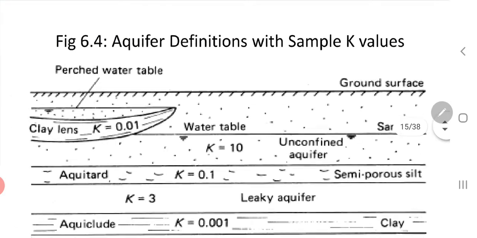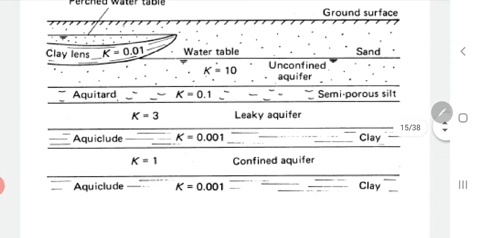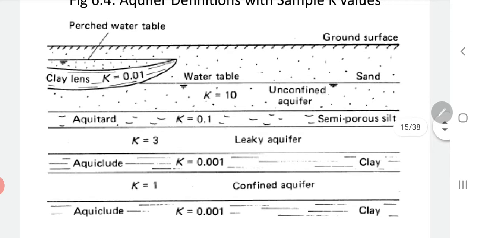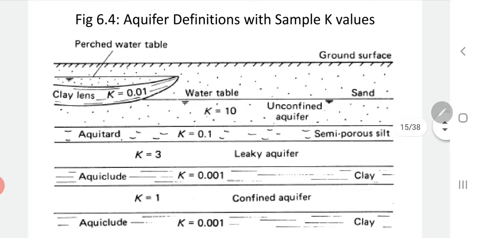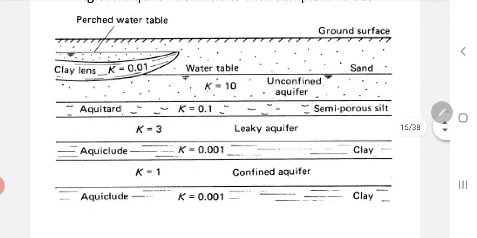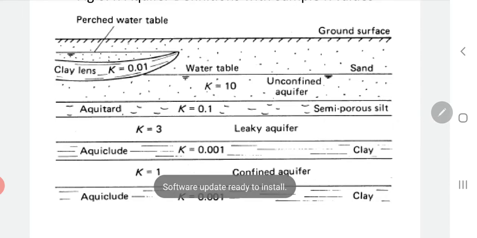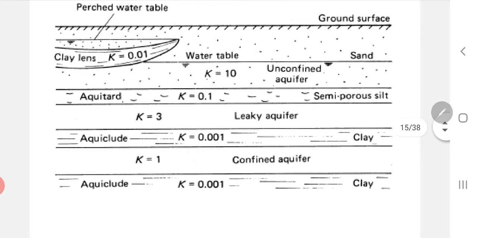Okay, you can look at this picture to define aquifers and aquitards. All of this is like a layer inside the earth crust. But of course, the difference between aquifer and aquitard is the permeability.